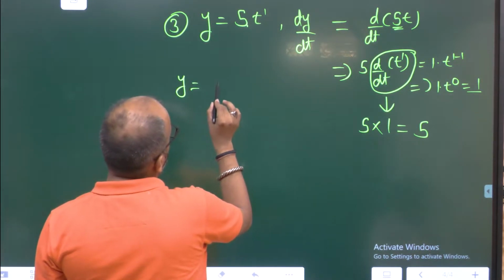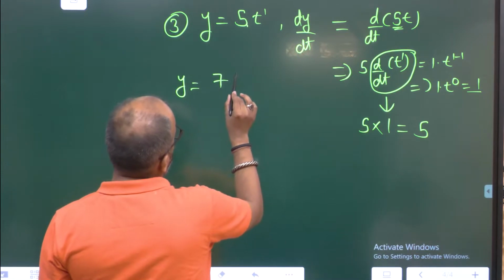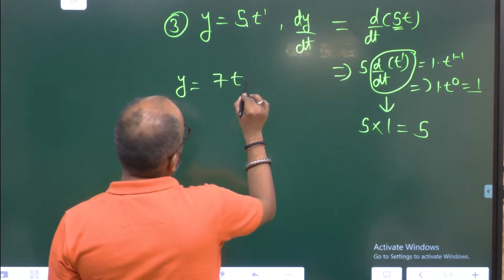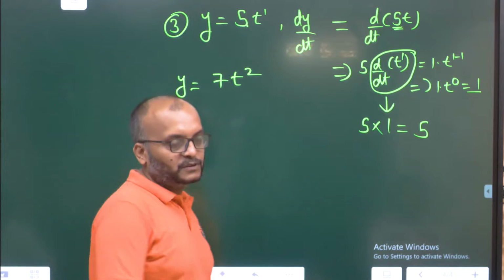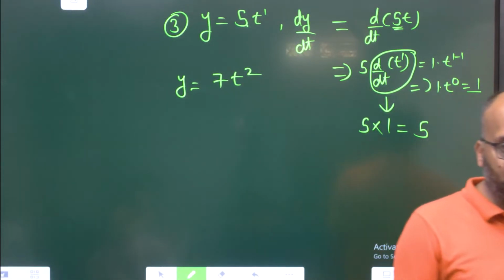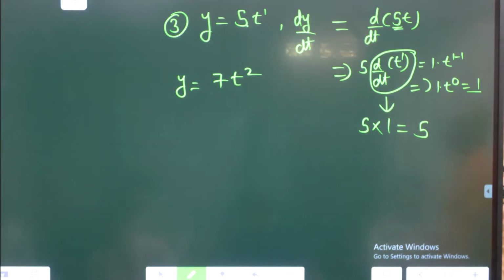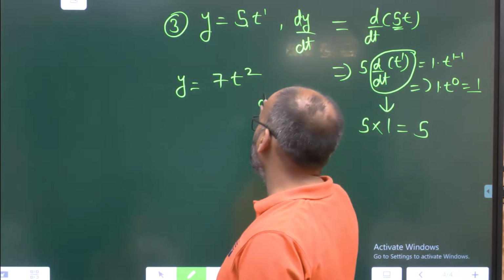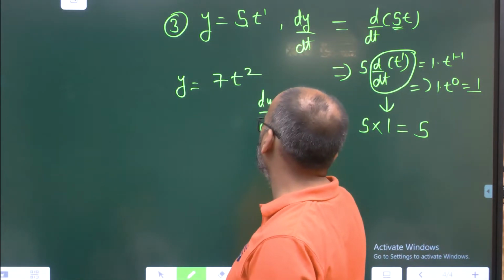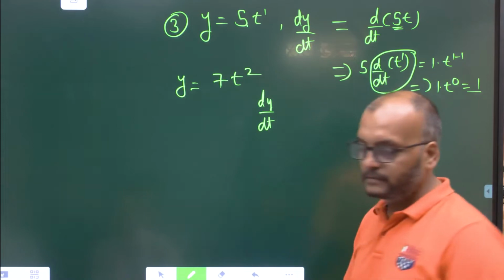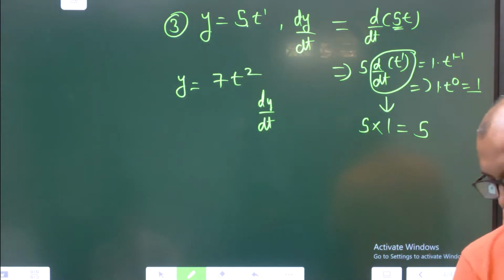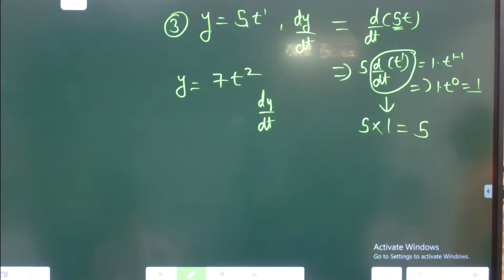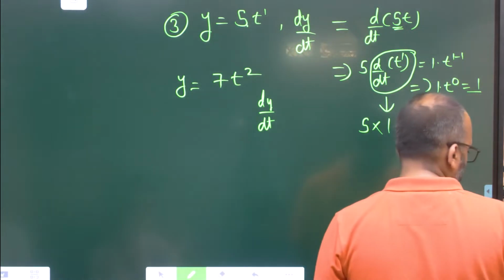y is equal to 7t square. Do this. You have to find d by dt. 14. Good. Yeah, Shireen, good.